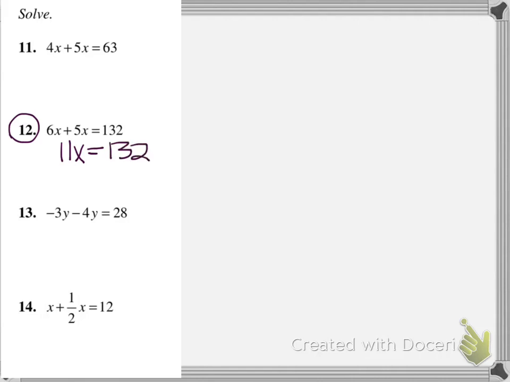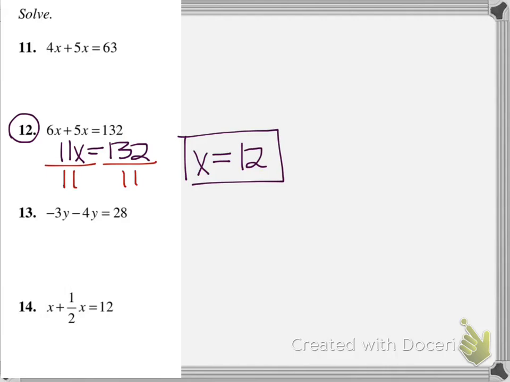So you always want to simplify if you can before you start solving. And now, when I divide both sides by 11, since it's a multiplication problem, I'm going to get x equals 132 divided by 11 is 12. And again, you can check that by plugging that back in for x if you wanted to.